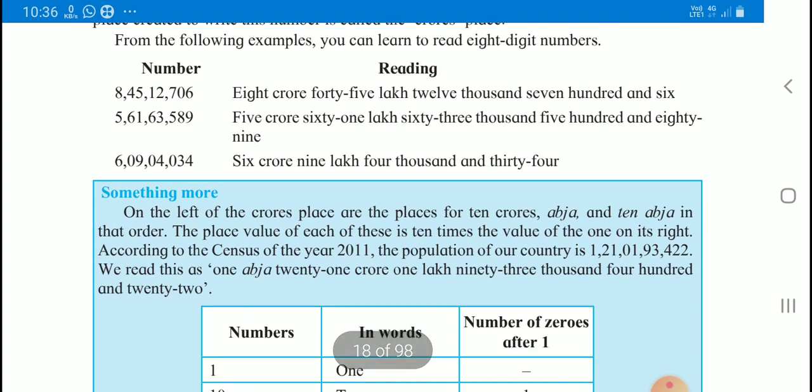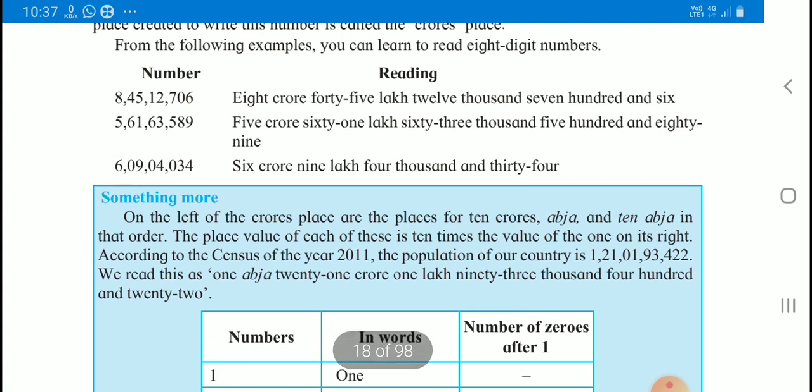Next, 5 6 1 6 3 5 8 9: 5 crore 61 lakh 63,589. Now, the next number is 60904034. We have to read it as 6 crore 9 lakh 4,034.